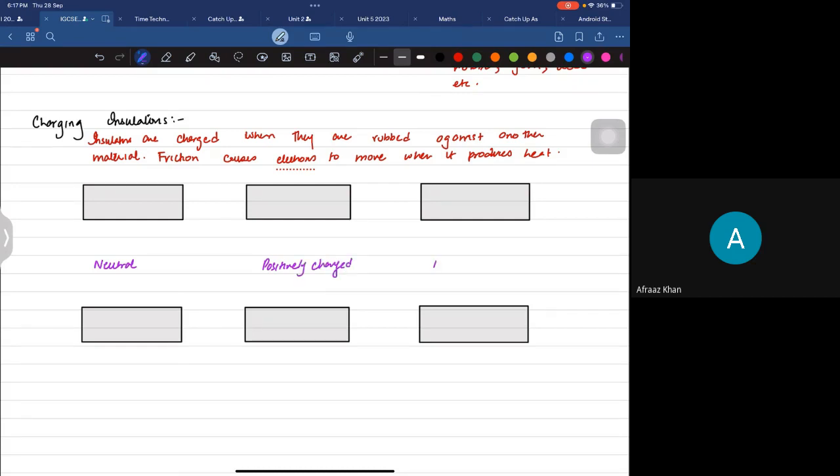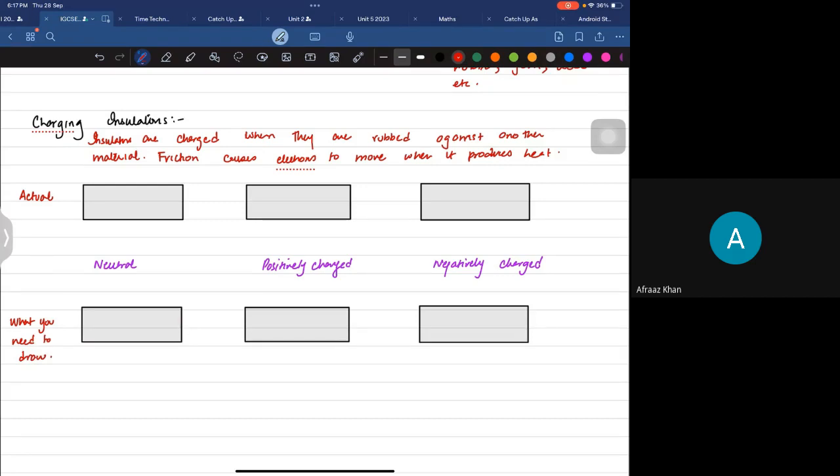We can also call some materials negatively charged. Now, we are going to look at what happens in reality and what you need to draw.